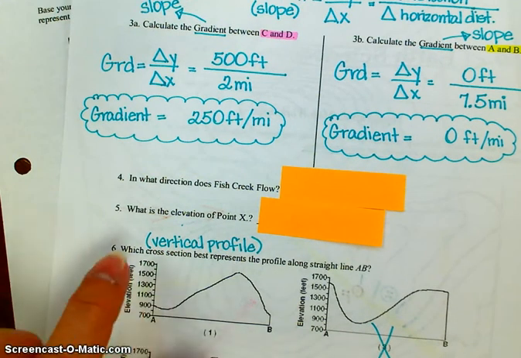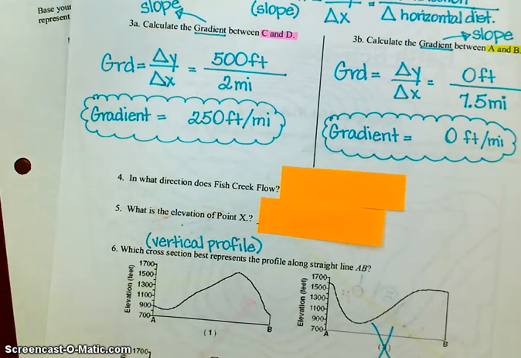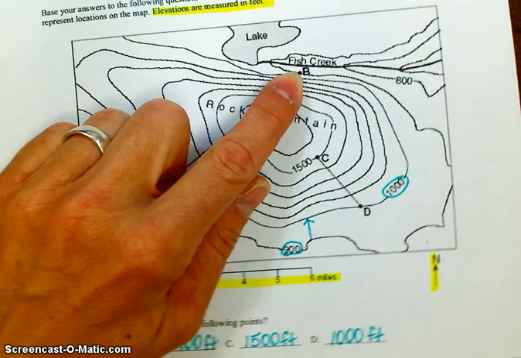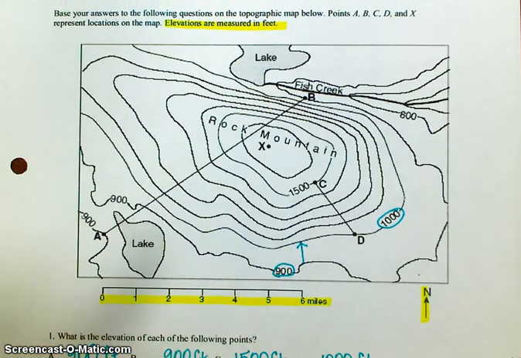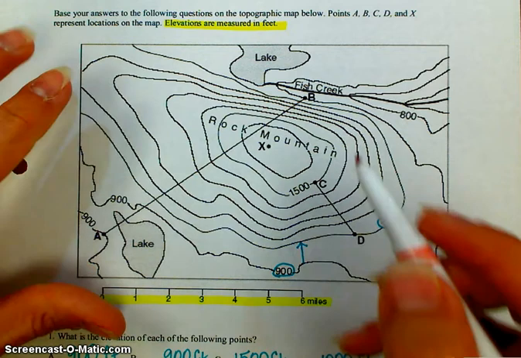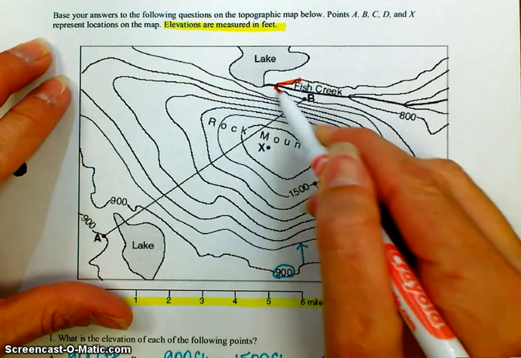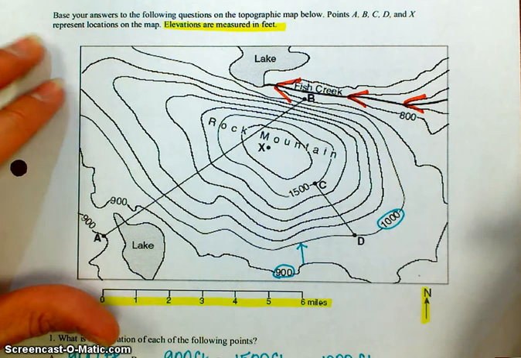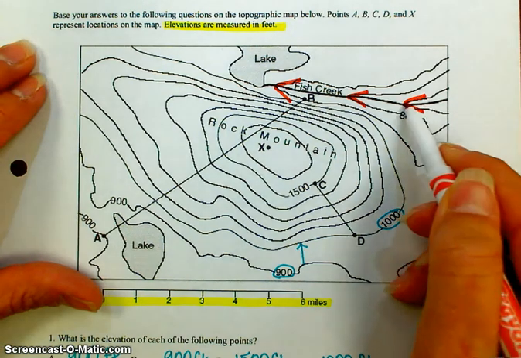All right. Next question is, in which direction does Fish Creek flow? Here's Fish Creek. In your book, it reminds you that contour lines that cross a stream valley kind of kink and make V-shaped contour lines. Okay, so there are my V-shapes.